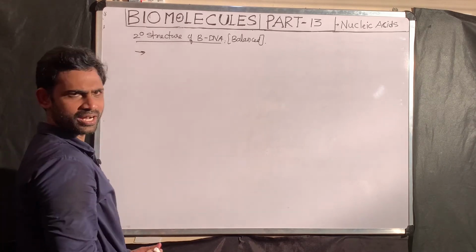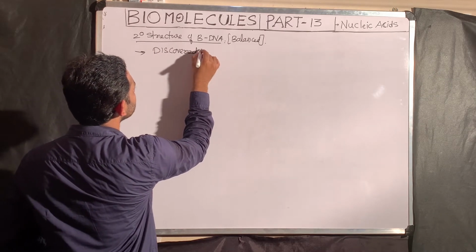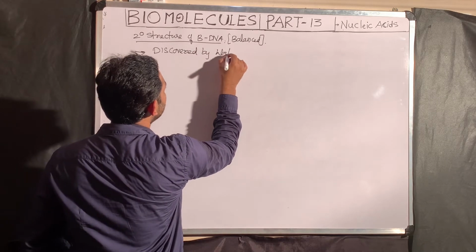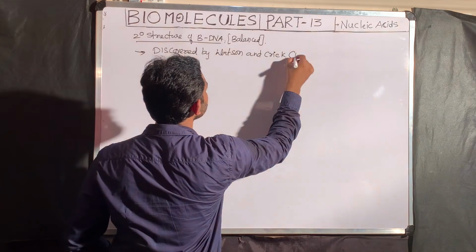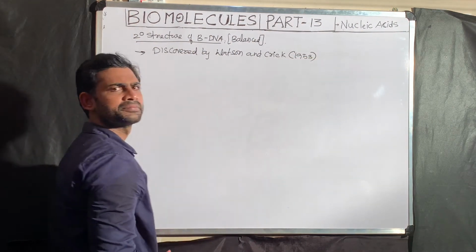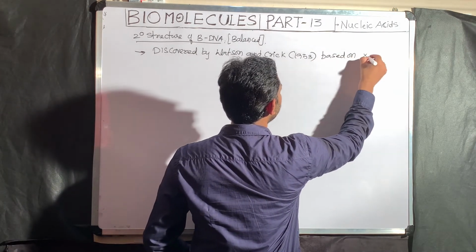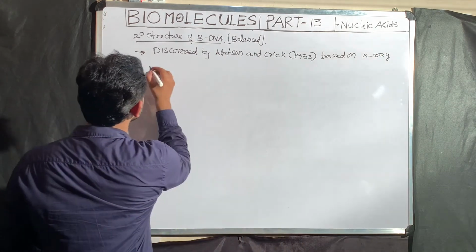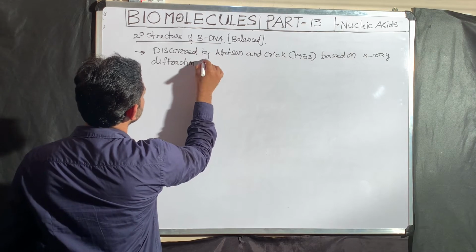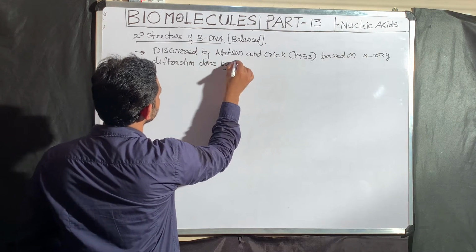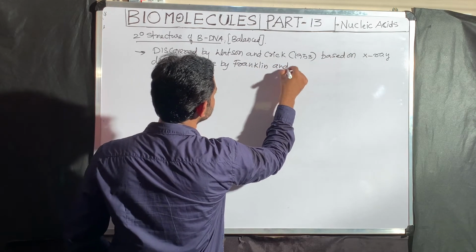This DNA structure was discovered by, very famous, Watson and Crick in 1953, based on X-ray diffraction done by Franklin and Wilkins.